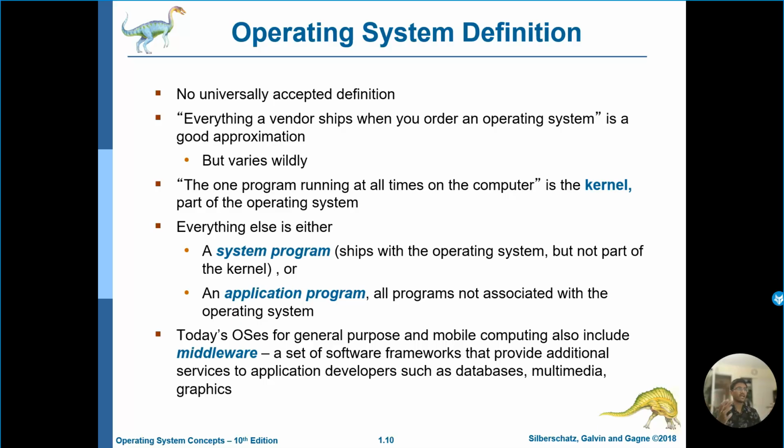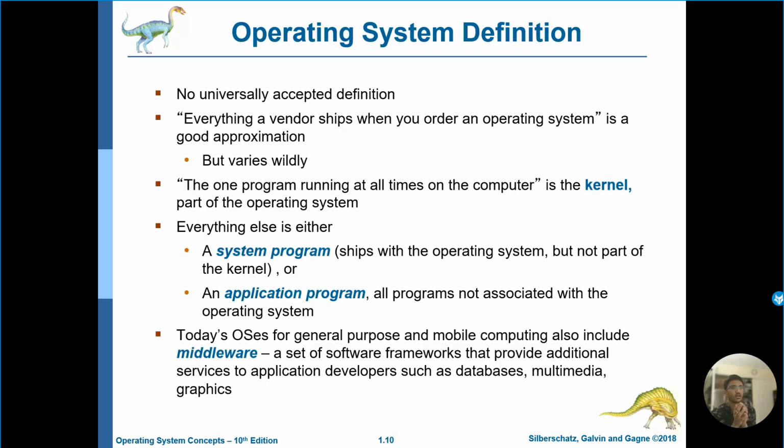But you can think of it as a program that keeps on running. As I mentioned before, a kernel that keeps running on the computer. It's either a system program, so it helps with the operating. It comes with the OS, right? So a system program like allocating CPU memory, or it could be an application program.